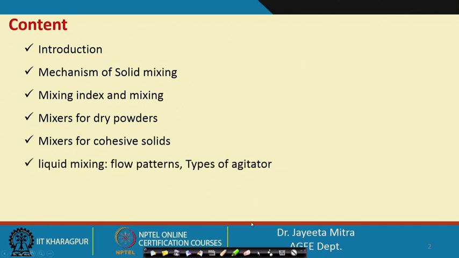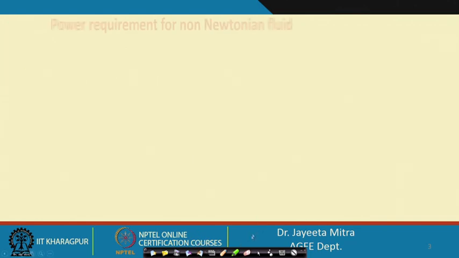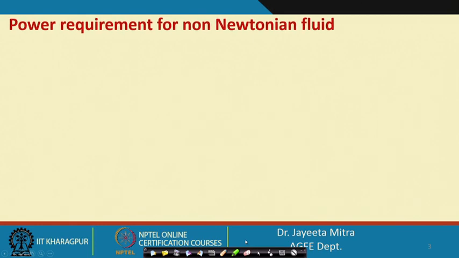In liquid mixing, different flow patterns, how we can control them, what kind of agitators are used, what is the power requirement for liquid mixing, how we can control the vortex formation, all such things we have discussed. And today we will continue with the power requirement section a bit more.